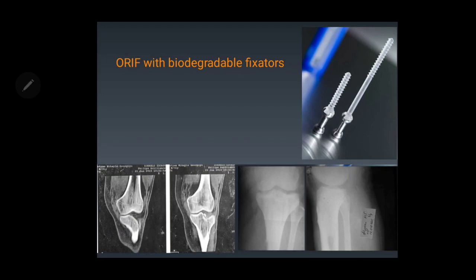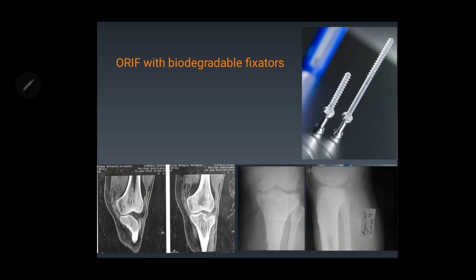We use this nowadays for fixation of different types of fractures, like tibial condyle fractures, malleolus. Note that if you look at the X-ray in the right lower corner, you can see the position of bone fragments, but actually there are two biodegradable screws inserted.